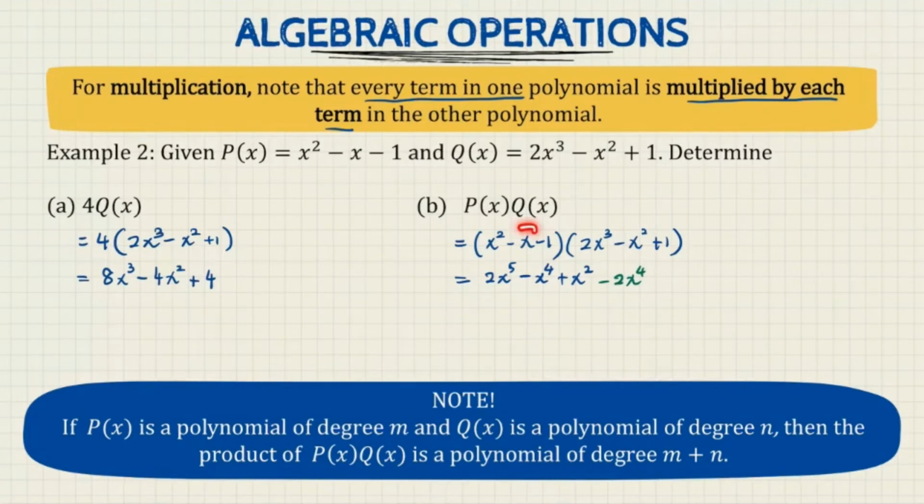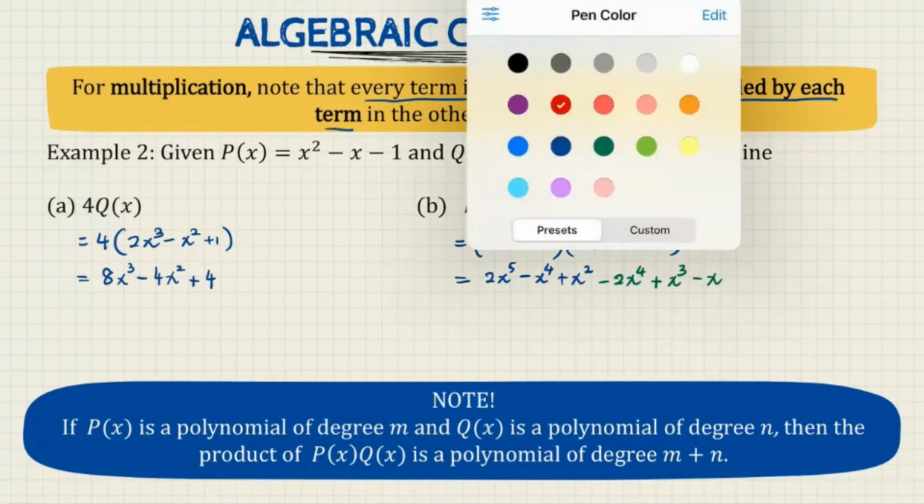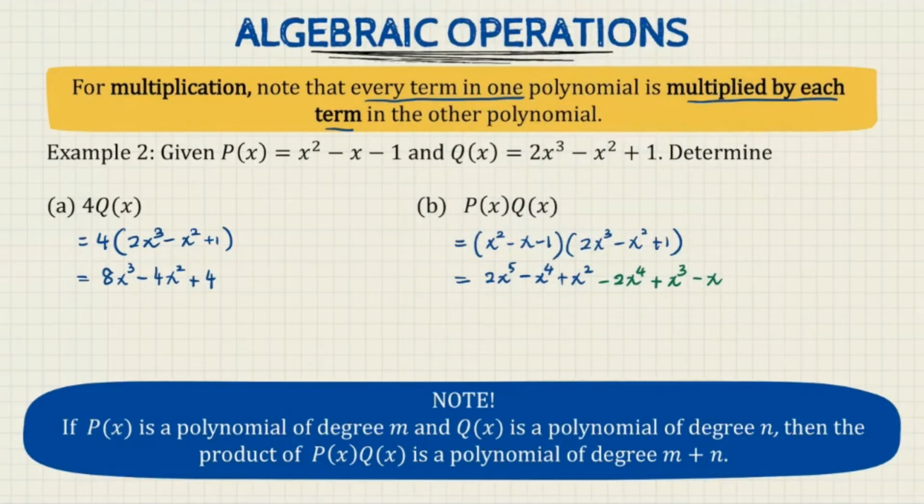And then negative x multiplied by negative x square. Negative times negative will be positive x cube. And negative x times 1 will be negative x. Okay, and next, negative 1 times these 3 terms. So it will be negative 2x cube.